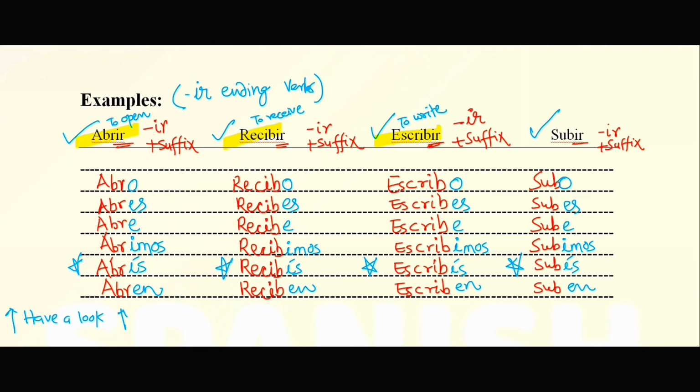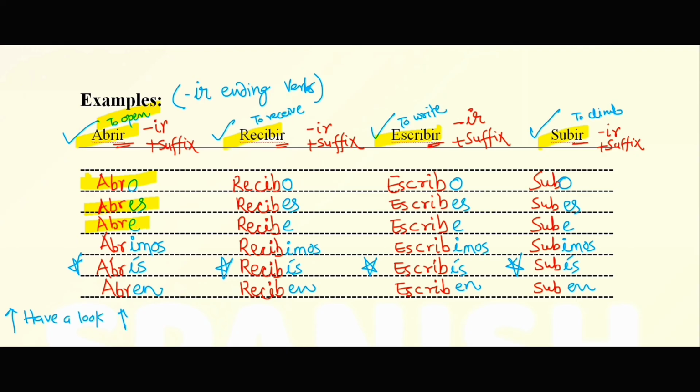Subir means to climb up. Conjugations of abrir. Abro means I open.